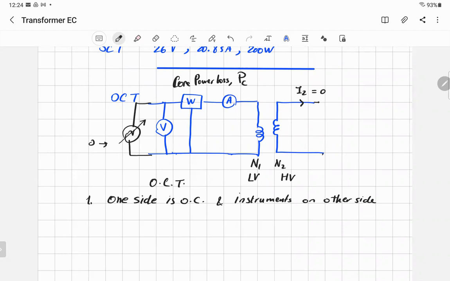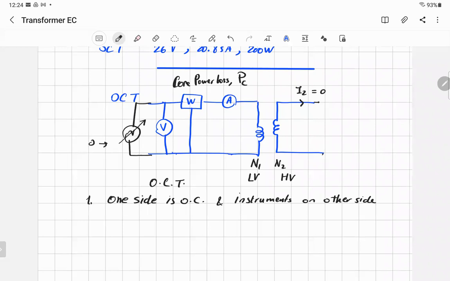Why? Because at no load, it is sufficient for low voltage to obtain rated flux in the core. It's just simple. Because we don't have load, we don't need high voltage to produce the magnetic flux; low voltage is enough. What does no load mean? That just means there's no current in the load. As you see here, I2 is equal to 0, you don't connect any load.